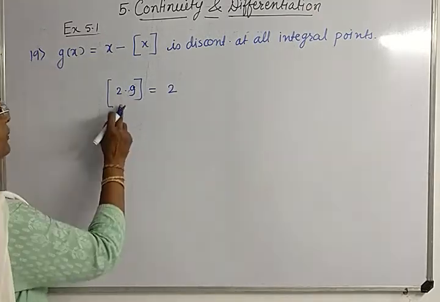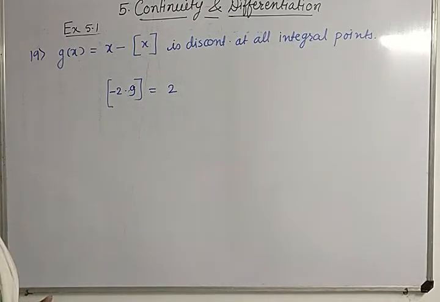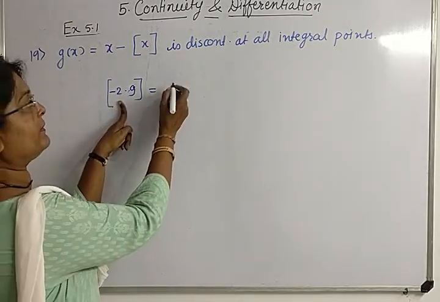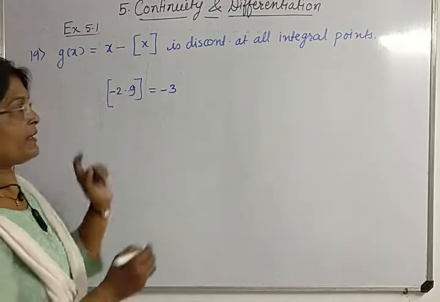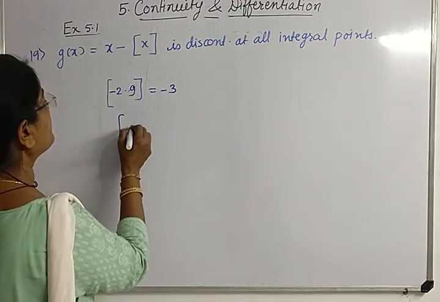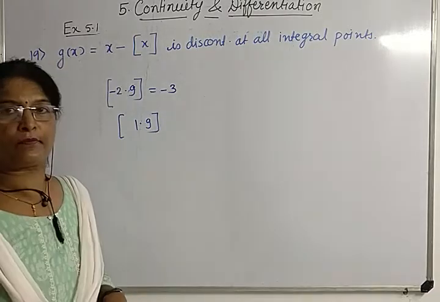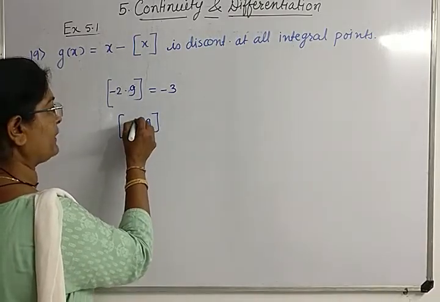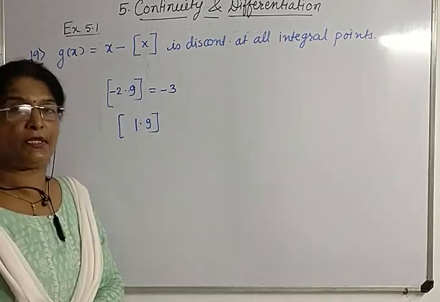But if I write -2.9, then greatest integer less than or equal to this will be -3. If I ask greatest integer of 1.9, 1.9 से छोटा इंटीजर कौन सा है?